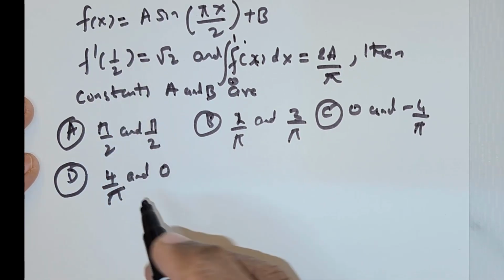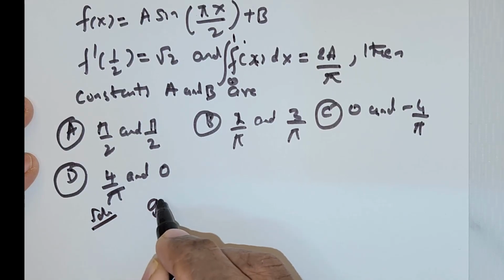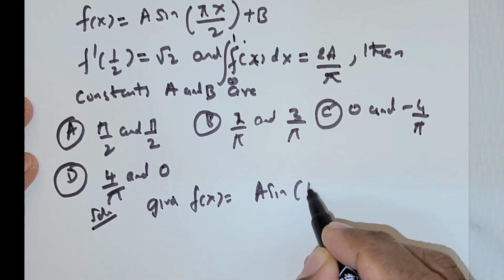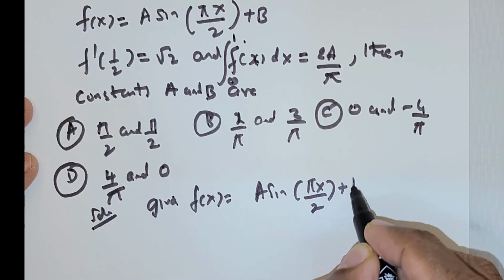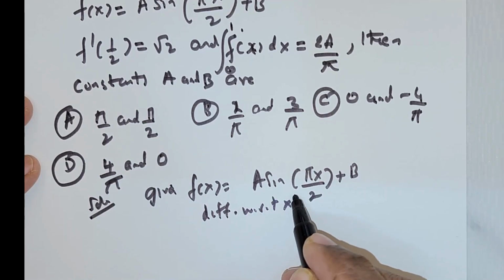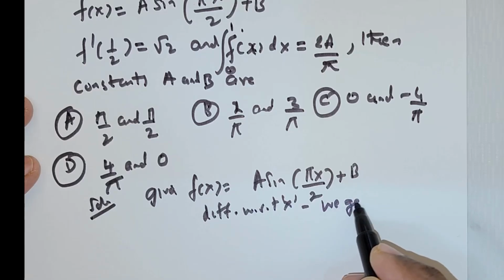Now foremost, this is the solution. We are given f of x is equal to a times sine of pi x over 2 plus b. So let me differentiate this with respect to x.